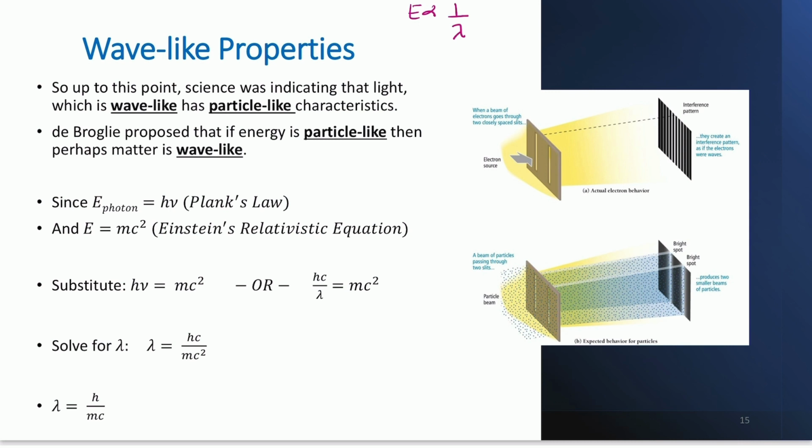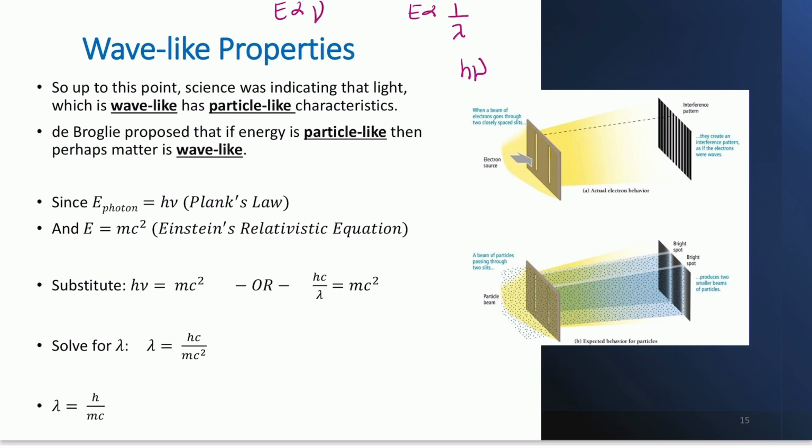One photon we represent as h nu, h being Planck's constant, nu being your frequency, because energy is proportional to your frequency. So de Broglie comes along and proposes that, well, we know that energy can actually behave particle-like, then perhaps matter, which has always been treated as individual particles, can actually behave wave-like.